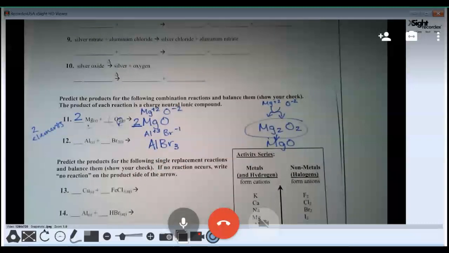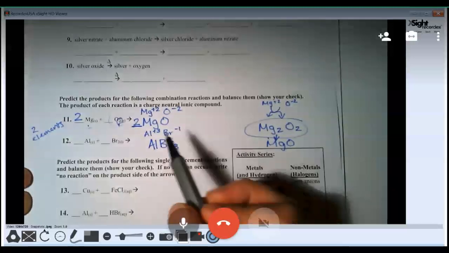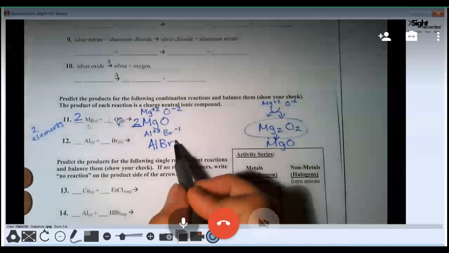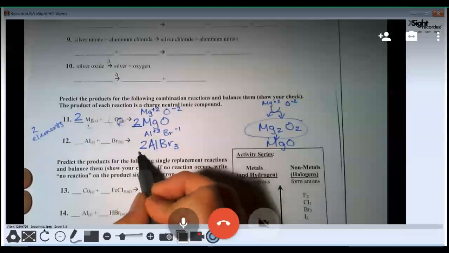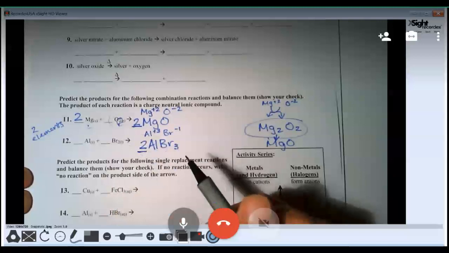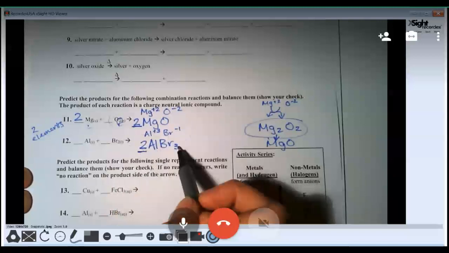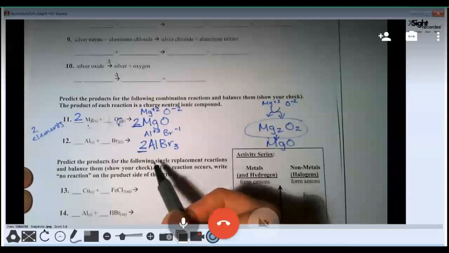No. Okay. So what do we need to do to fix it? Okay. Perfect. So bromine, we have an odd number of bromines. So we got to make that even by putting a coefficient of 2 on the product side. So now we have 6 bromines and 2 aluminums on our product side.